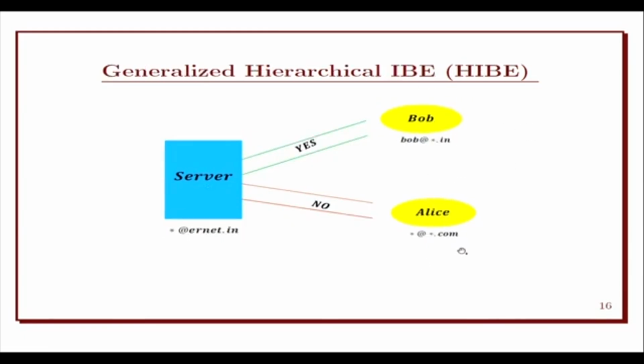And this is the generalized hierarchical ID based encryption, HIBE. Here suppose our functionality is dot star at the rate internet dot in. Now, suppose Bob has this credential, then Bob is able to do it, because Alice has .com. So, this is the hierarchical IBE.